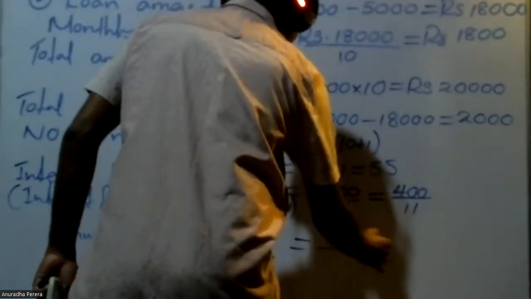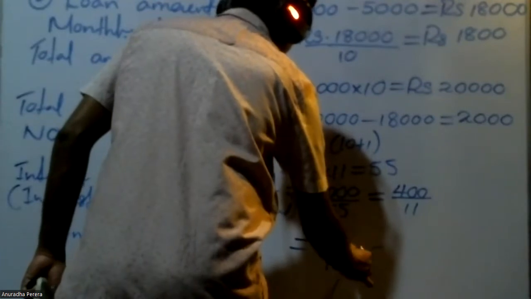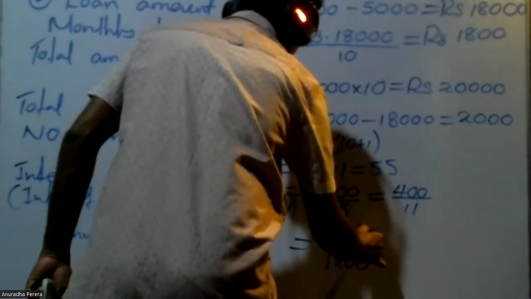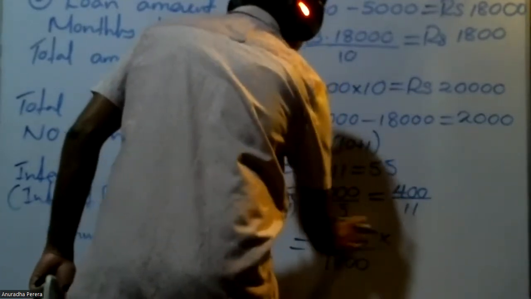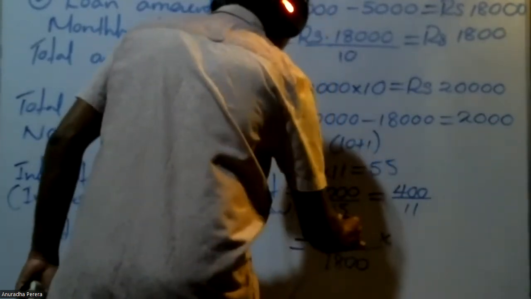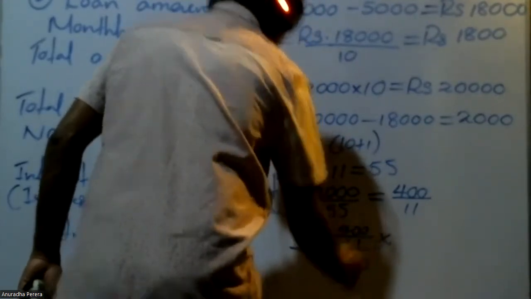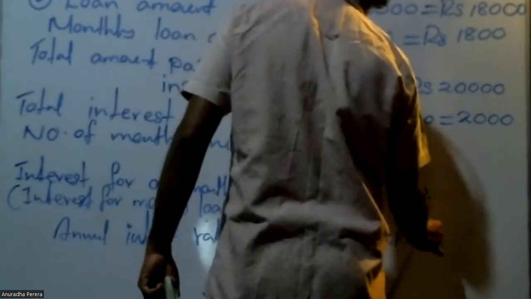The answer: 400 over 11 into percentage, 100 to 12.